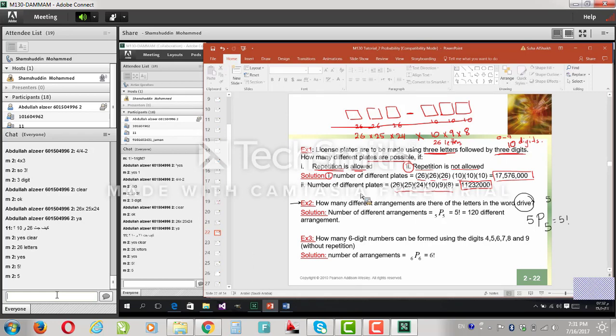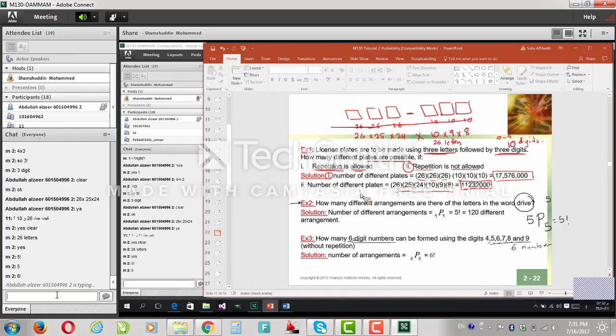That's correct. How many 6-digit numbers can be formed using the digits 4, 5, 6, 7, 8, and 9? How many of them do I have? I have 6 numbers here. So this is the option 6P6, which is factorial 6. Correct.